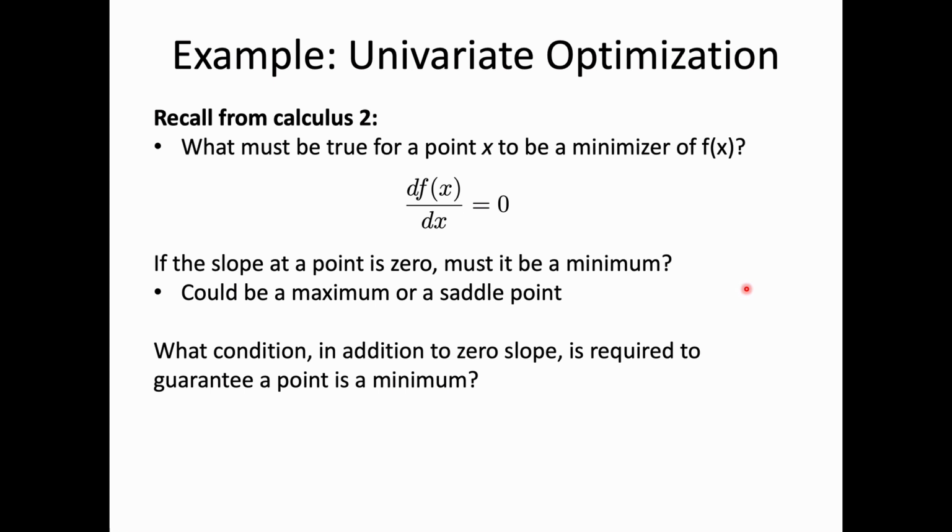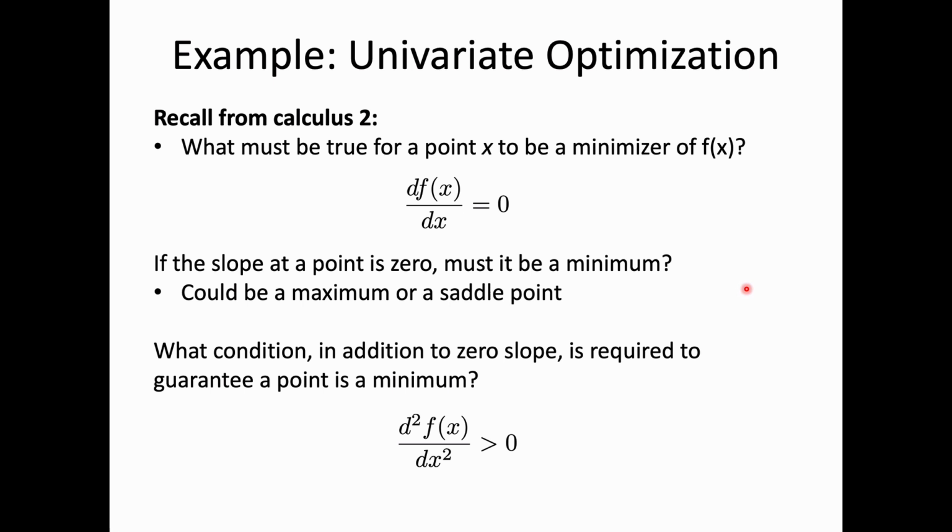What condition, in addition to 0 slope, is required to guarantee a point is a minimum? There actually are multiple ways of making this guarantee, but you may remember from your second course in calculus that if the second derivative of the function is greater than 0, then yes, we can assert that this in fact is a minimum, not a maximum or saddle point.